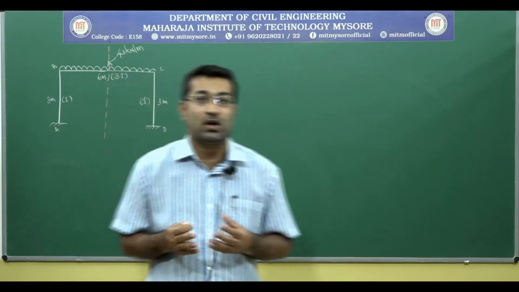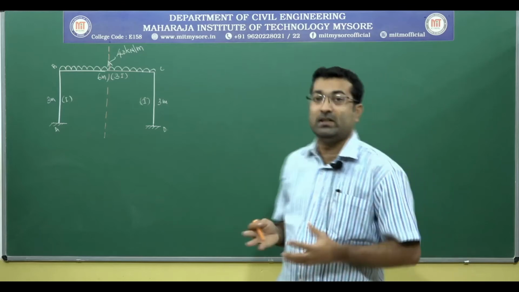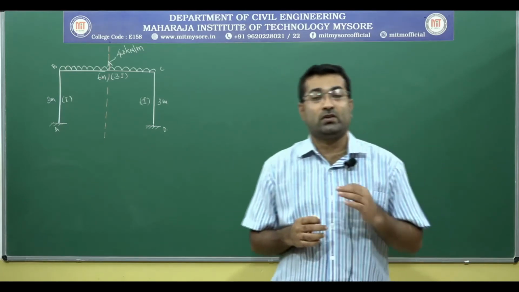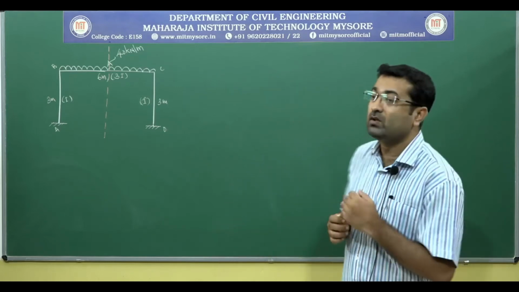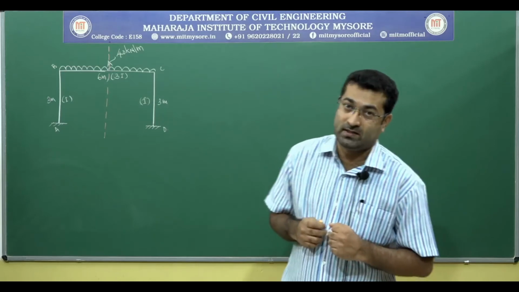The different approach is called the axis of symmetry. So we can use the symmetric approach in analyzing the particular structure using Kani's method. Why should we use this symmetric concept?